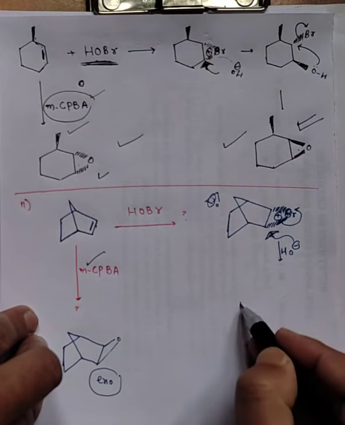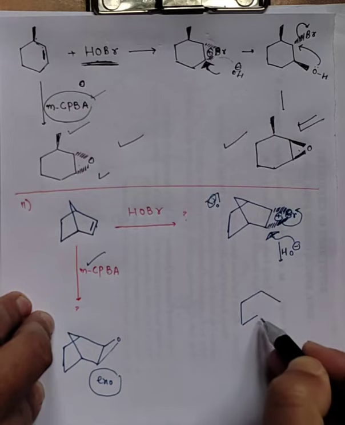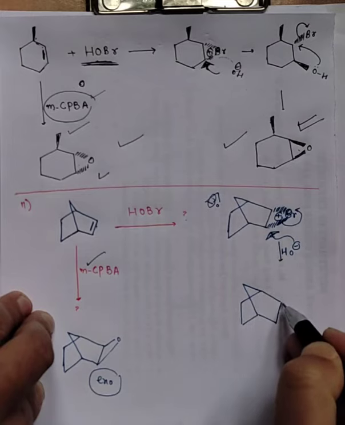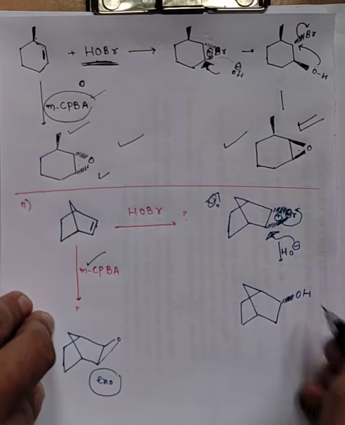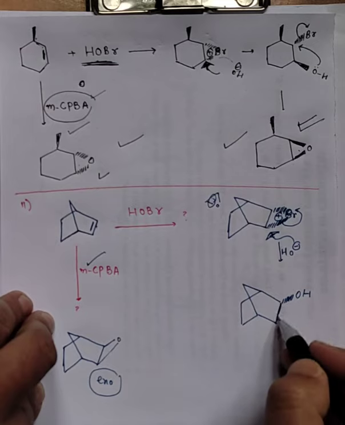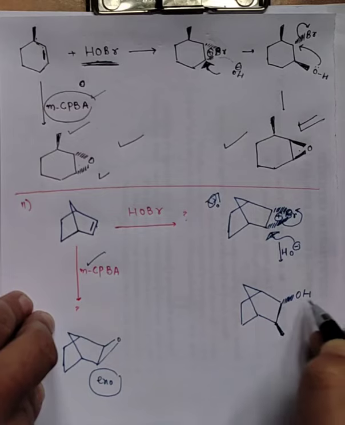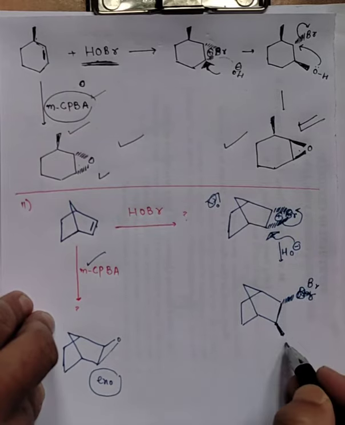So what will finally be formed? So we'll get OH. Then we have this is your bromine, and this is your OH.